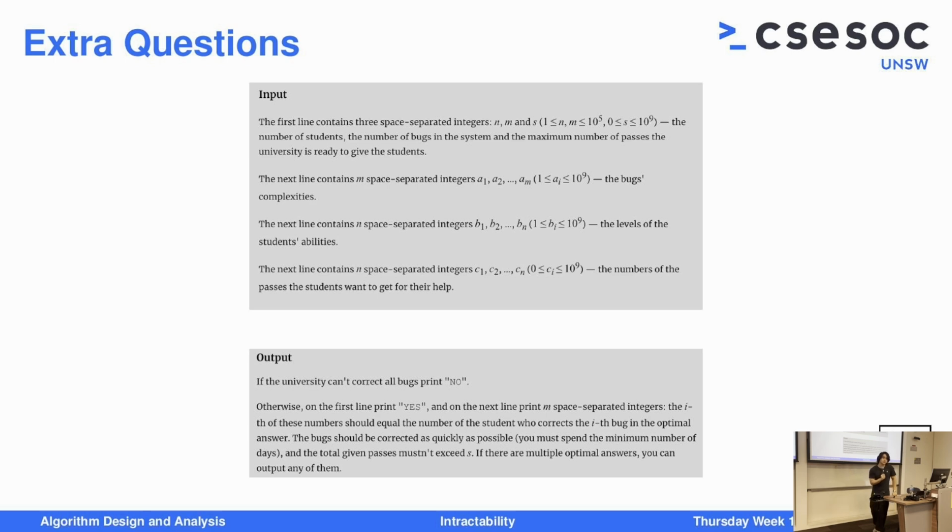My first intuition, maybe your first intuition, is to sort the bugs in decreasing order of complexity, and also the students in decreasing order of ability. Then we can assign the best person to fix the hardest bug, and so on.